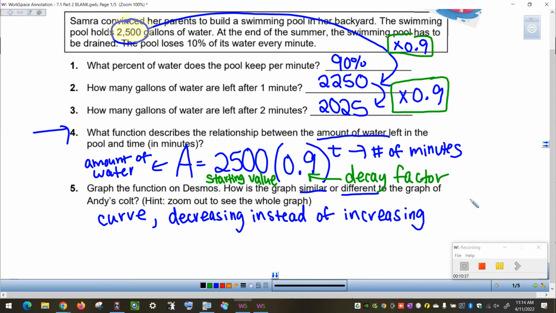And actually, if we were to make a little sketch of the graph off to the side here, this y-intercept point where it crosses would be at the starting amount of 2,500 gallons. And then you see that it's got a curve and then it's just kind of flattening out as it goes further to the right.